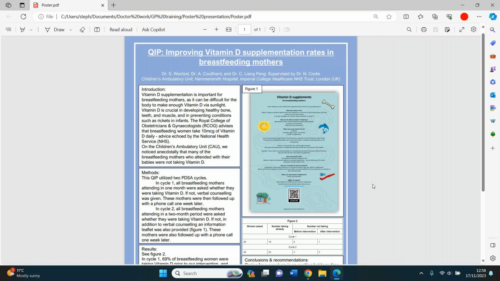Just for some context, a little bit of background on what the Children's Ambulatory Unit is. Essentially it bridges an urgency gap in secondary care. When children are seen by their primary care doctor and felt to need some secondary care input, obviously if the issue is extremely urgent, they go to the emergency department.